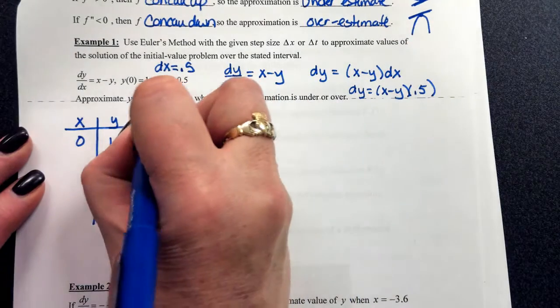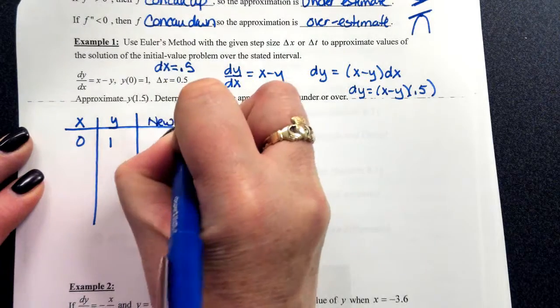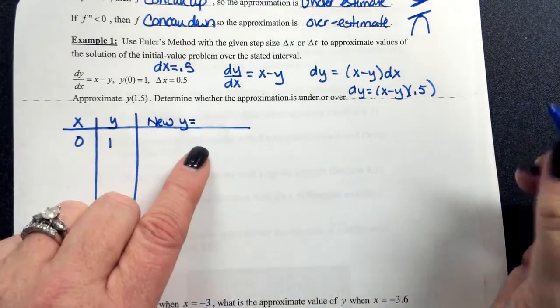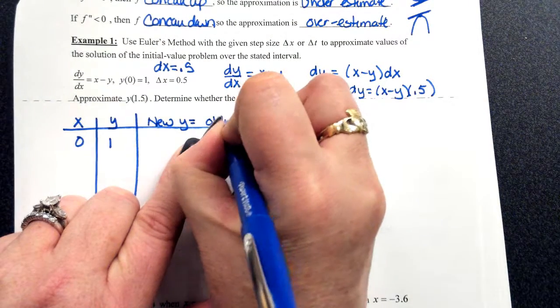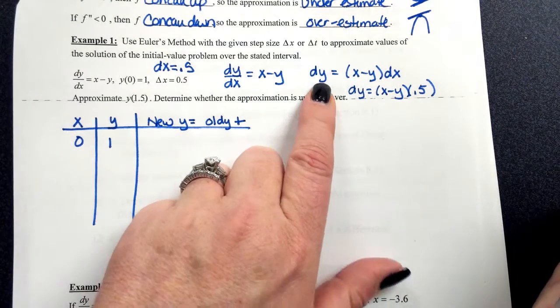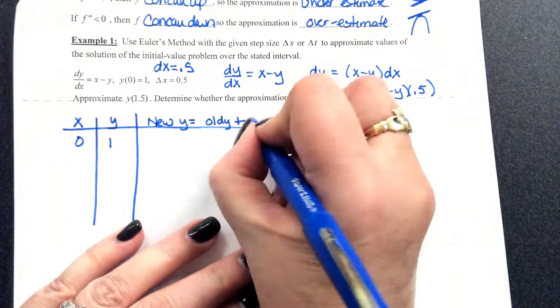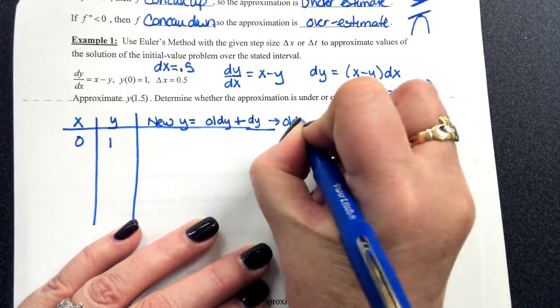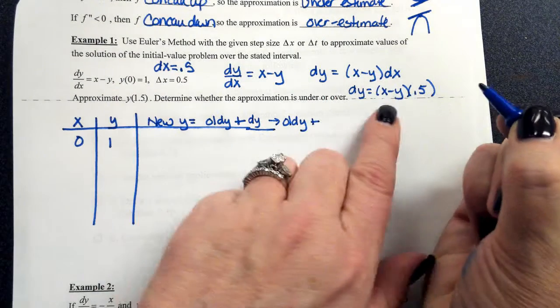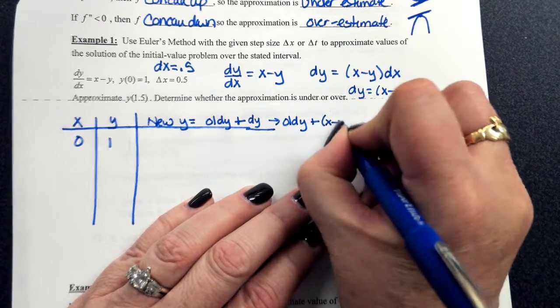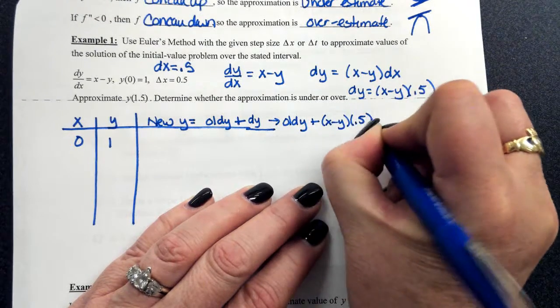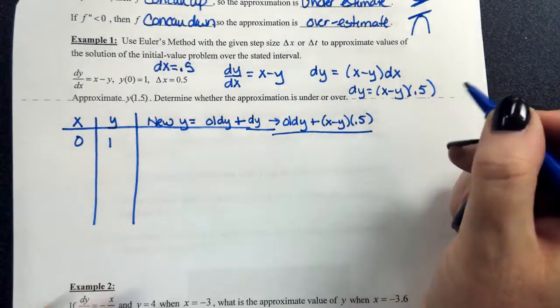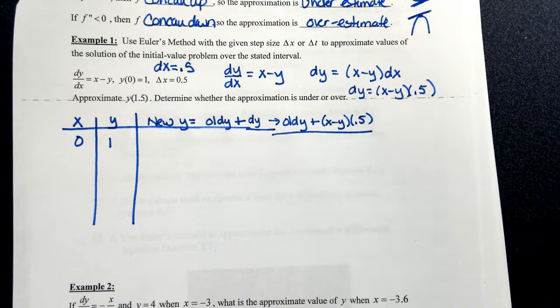Now to calculate my new y, it's going to be my old y plus the change in y, which is dy. So my old y plus dy is x minus y times 0.5. That's how we come up with the new y value.